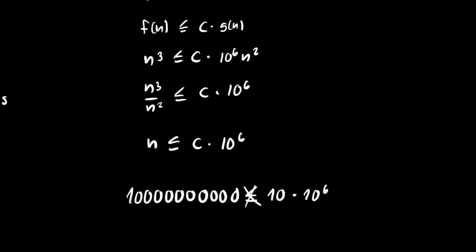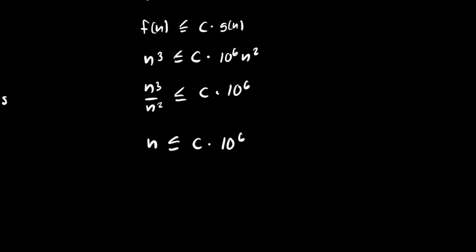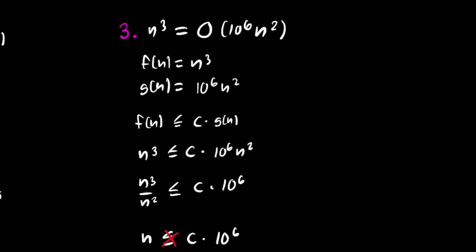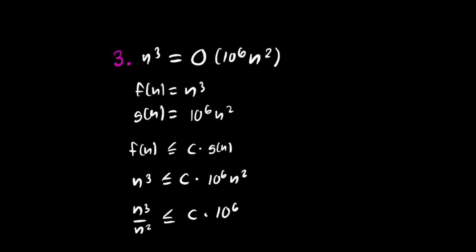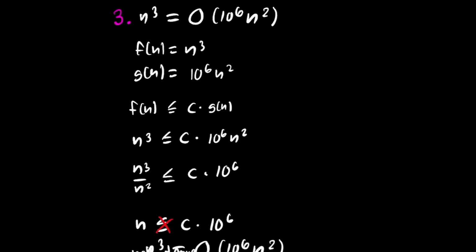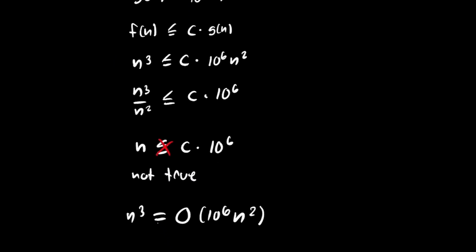It cannot be true. Because at the beginning it will be fulfilled, but we want to check for all n's greater than n0, meaning we're checking as n approaches infinity, and as n approaches infinity, this is not fulfilled. So you can simply say, not true. Meaning that this whole thing is not going to be equal.